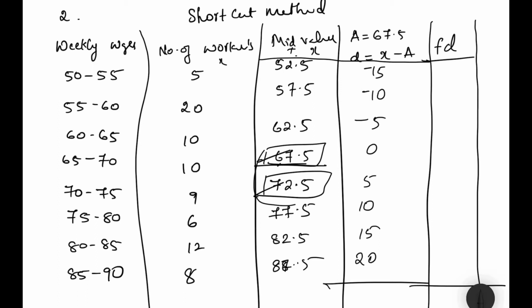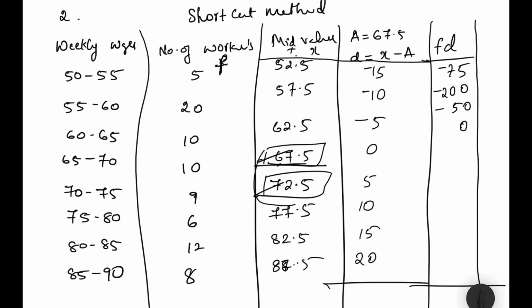So f into d: 5 into 15 will give me minus 75. 20 into 10 will give you minus 200. 10 into 5 will give you minus 50, 0.